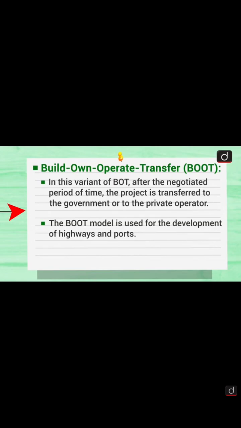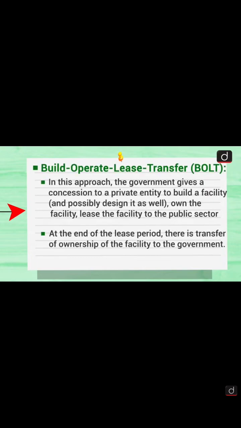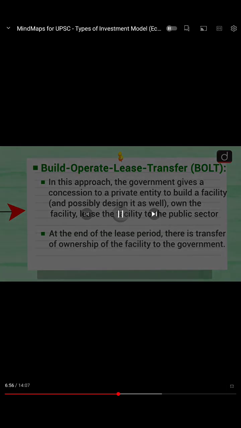In this variant, BOOT, after operating over a period of time, the project is transferred to the government by the private operator. The BOOT model is used for the development of highways and ports. In this, it's a lease transfer.